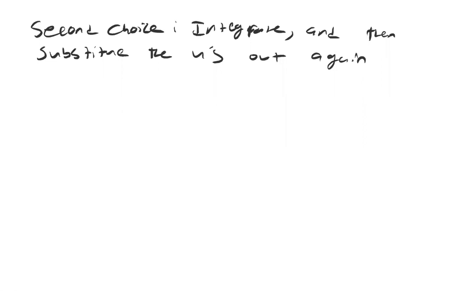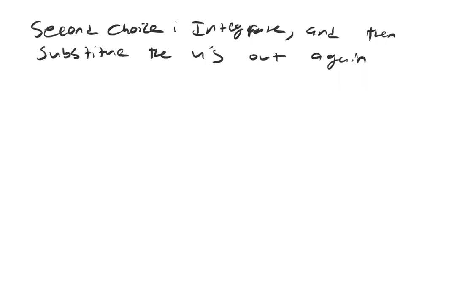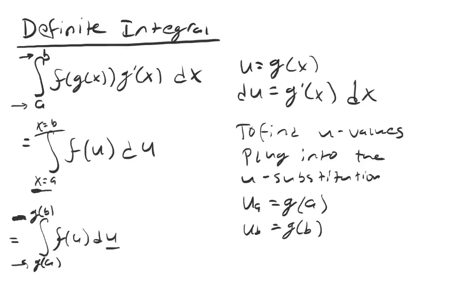So you don't have to do that for the definite integral as long as you change your bounds here. So as long as you change your bounds in terms of u, you don't have to go back and substitute back in for x.